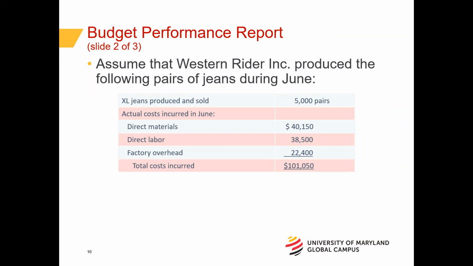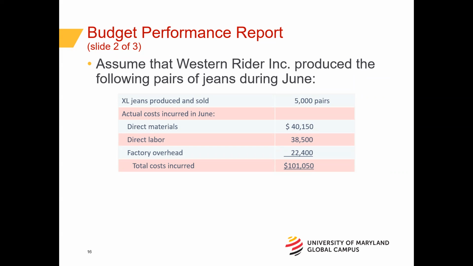So there are a couple of ways that we can analyze this information. One of the ways to figure out the true cost of each pair of blue jeans is to simply take the total cost and divide by the total jeans produced. So where's my calculator? There it is.